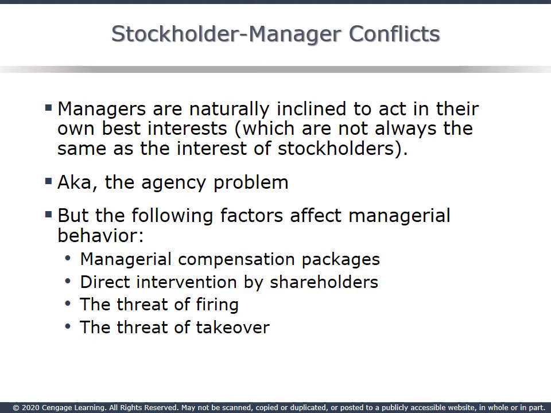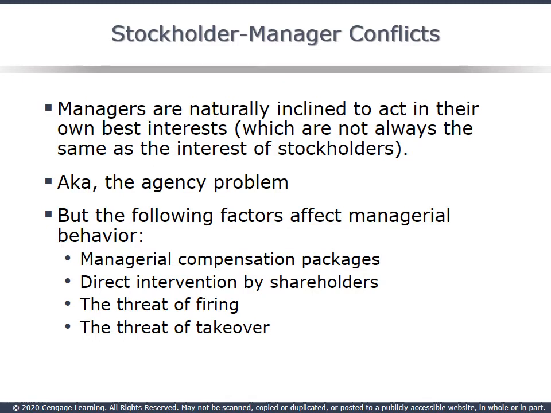In other words, they make decisions on behalf of the principal. But sometimes they act in their own best interests, which is not always in the best interests of the stockholder. In other words, they're making decisions that don't always maximize the firm's stock price over the long haul.